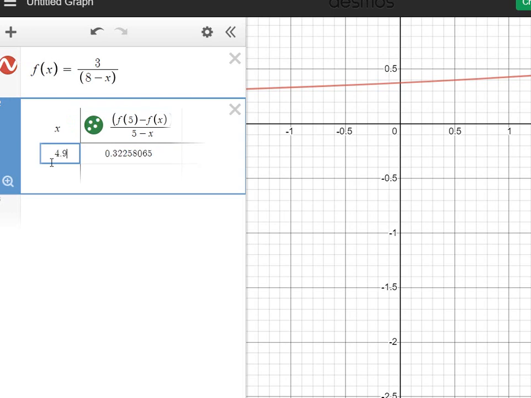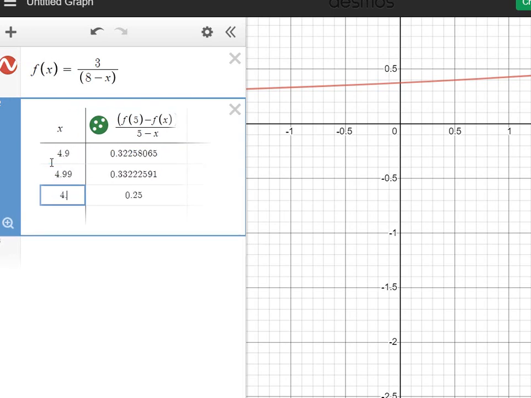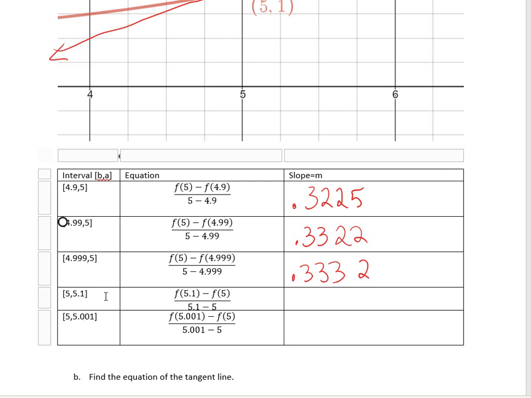So let's do 4.9, 4.99, 4.999. Okay. So what I have is 0.3225, 0.3322, 0.333. Now another thing we can do is, instead of picking values that are smaller than 5, like 4.9, 4.99 approaching from this side, you can also choose values that are a little bit bigger, like 5.1, 5.001.